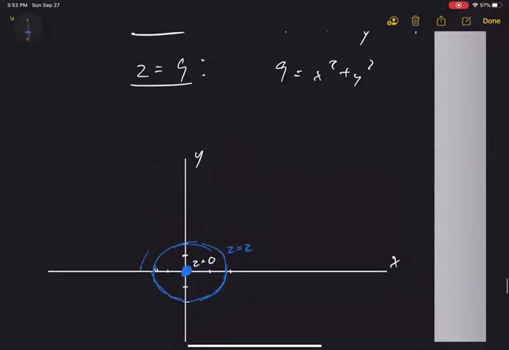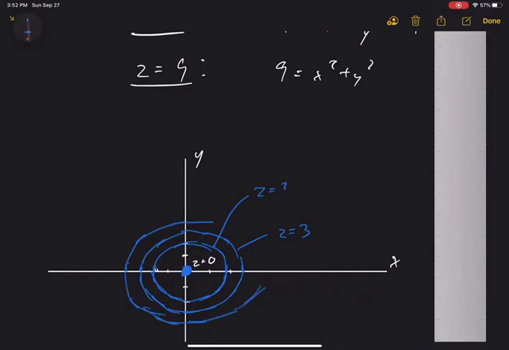In other words, the level curve is the circle with radius 3. I could keep drawing these curves, and they're just all going to be circles. So that's how we make them.